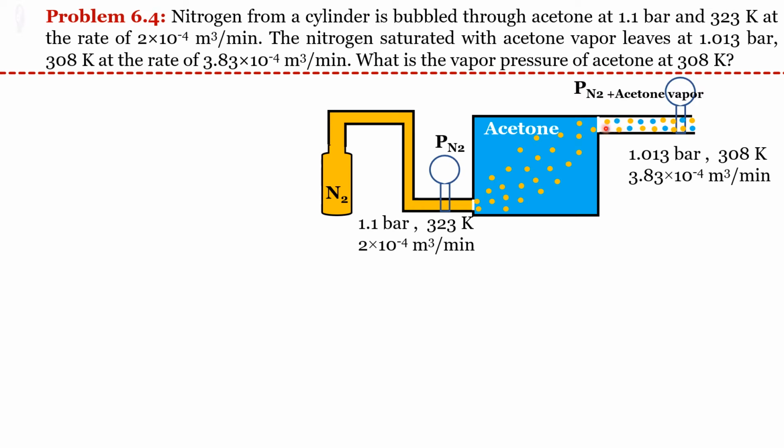So we also have to find the amount of acetone vapor that will come out. If we can estimate the mole fraction of acetone and mole fraction of nitrogen, then we can estimate the vapor pressure of acetone using Dalton's law.